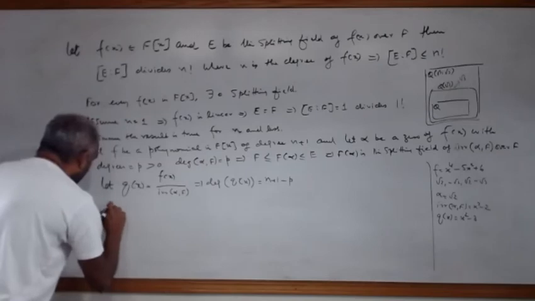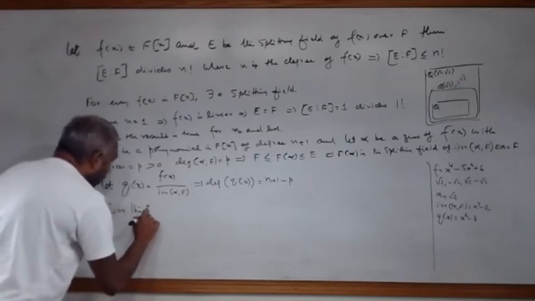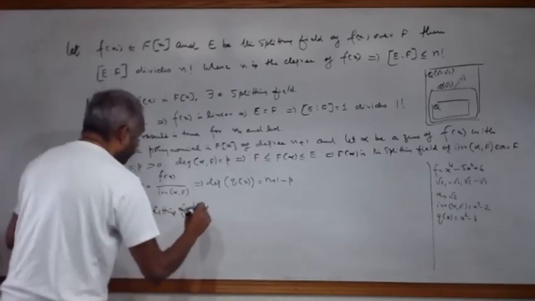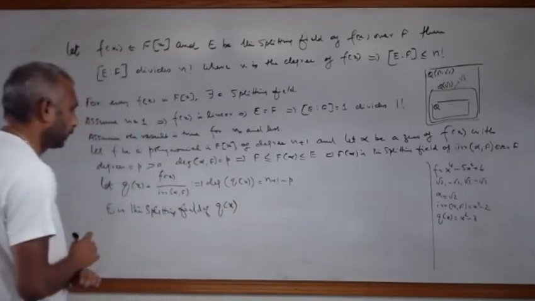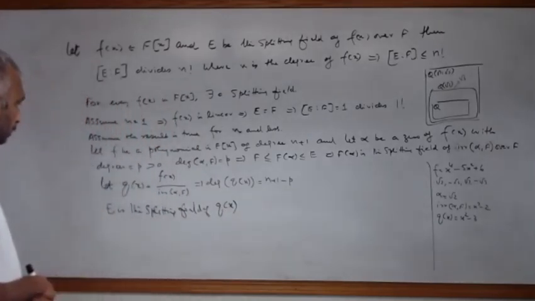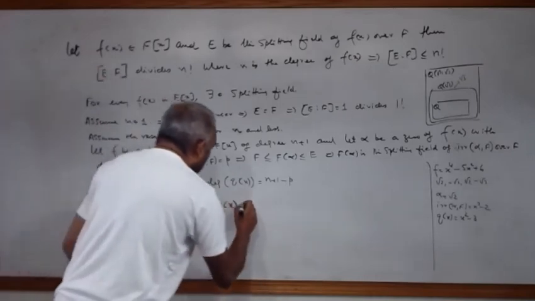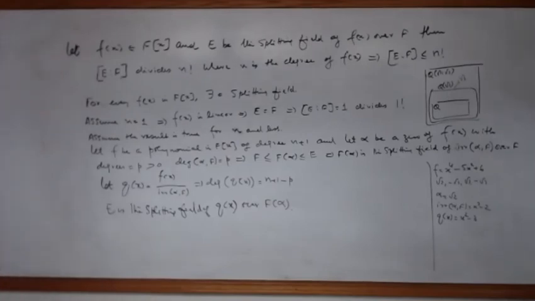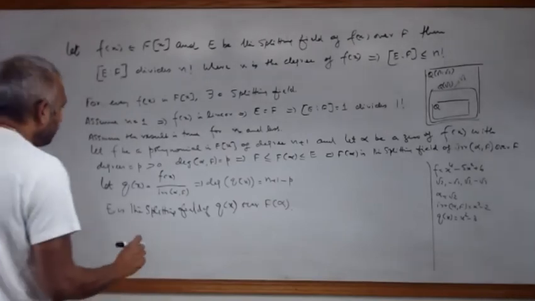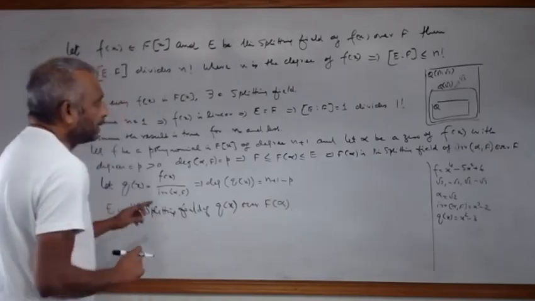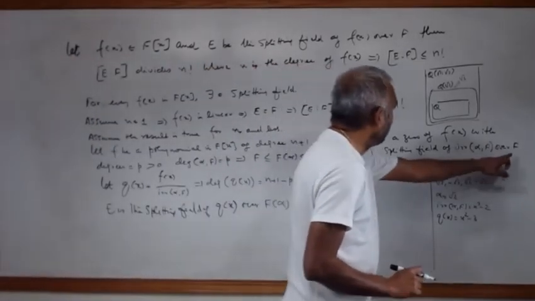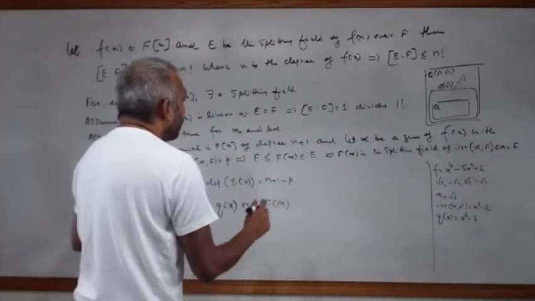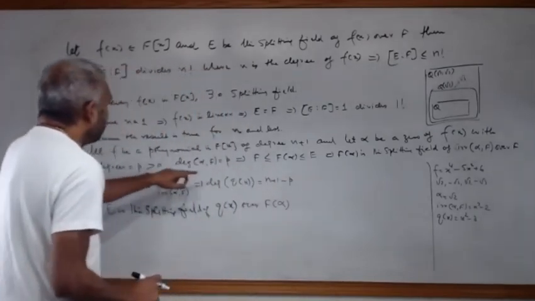So we can consider E, so E is the splitting field of q of x over F of alpha. So that means, see here F of alpha is a splitting field of the irreducible polynomial, and this is also a splitting field. So both of them have degree less than n plus 1.